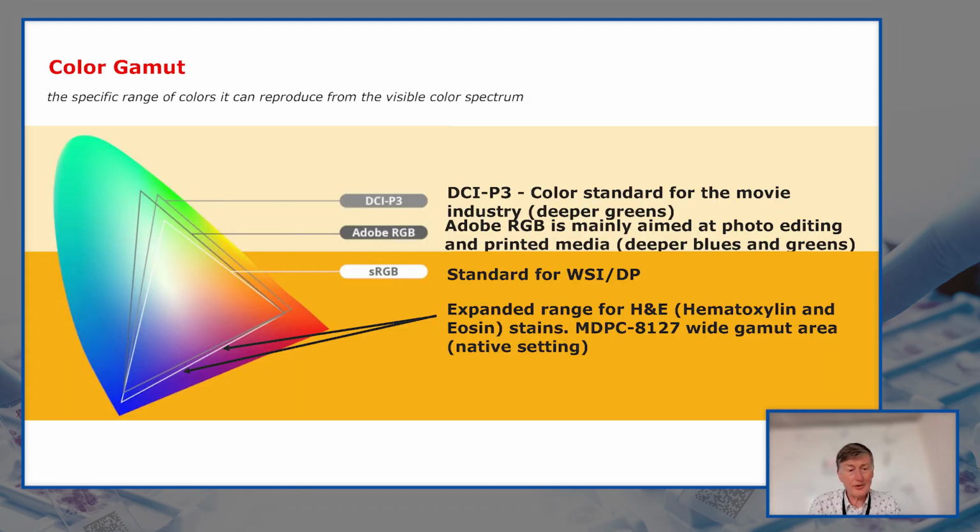Another aspect is the color gamut. A color gamut is the specific range of colors it can reproduce from the visible color spectrum. So, a display is driven by three signals of red, green, and blue. It's using additive technology to generate all the colors.